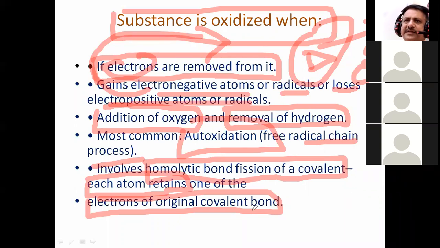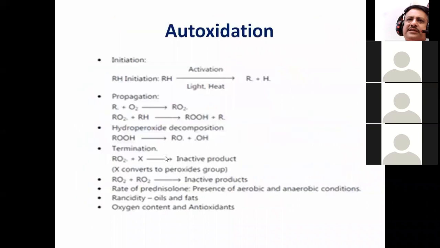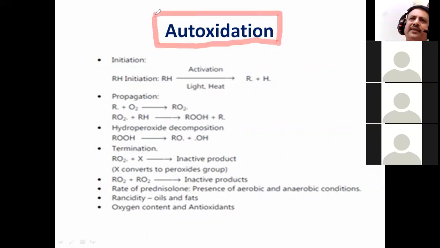Now with the help of the reactions shown in the next slide, this concept will be clearer to you. I hope everyone can see these reactions. So in the oxidation process, mainly for auto oxidation, the process goes in such a way that firstly there will be initiation.